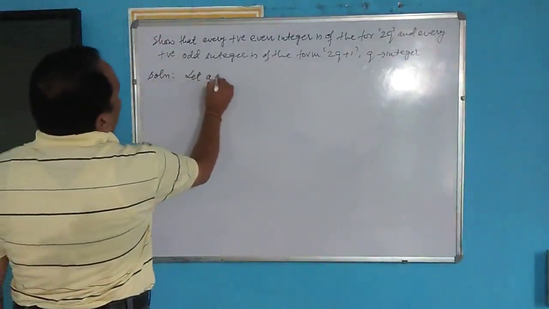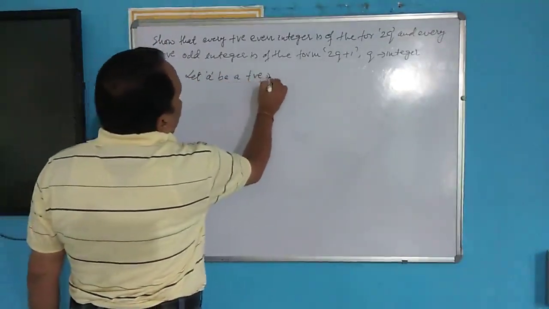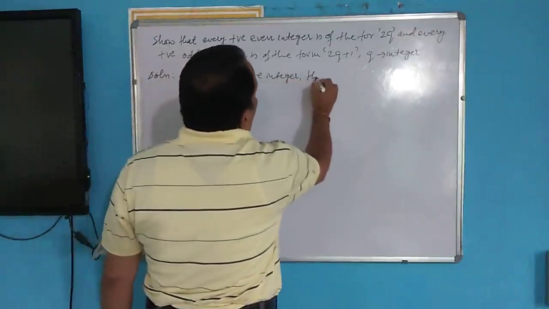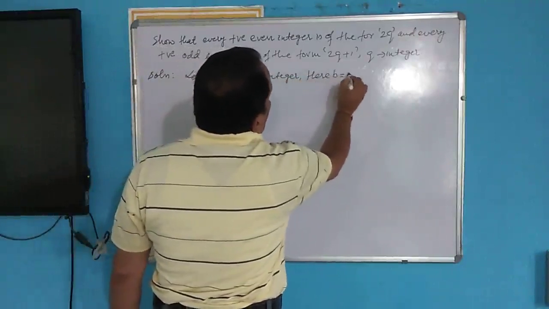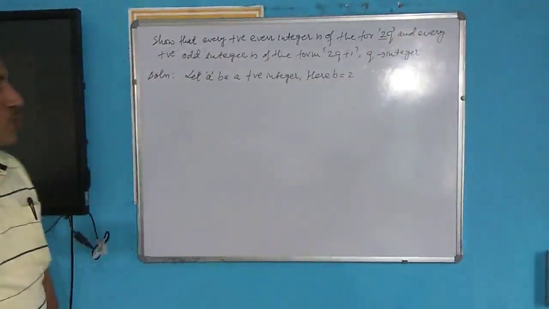So let a be a positive integer. Here b is equal to 2 if we compare this with 2q.